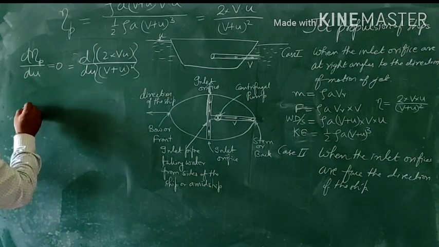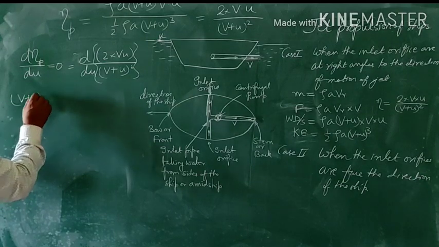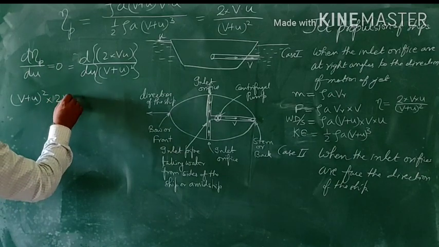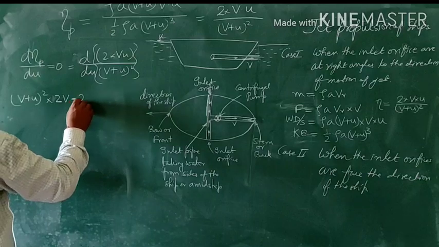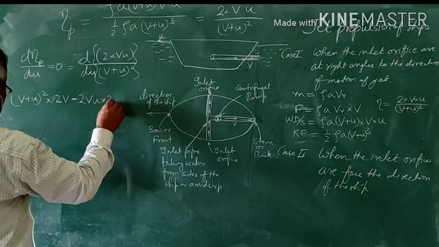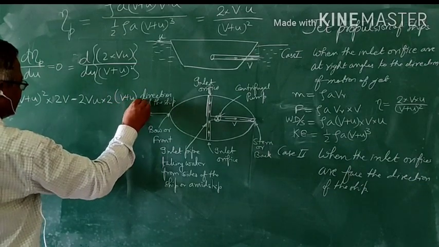So it will become V plus U square into 2V minus 2VU into 2 times V plus U equals 0.